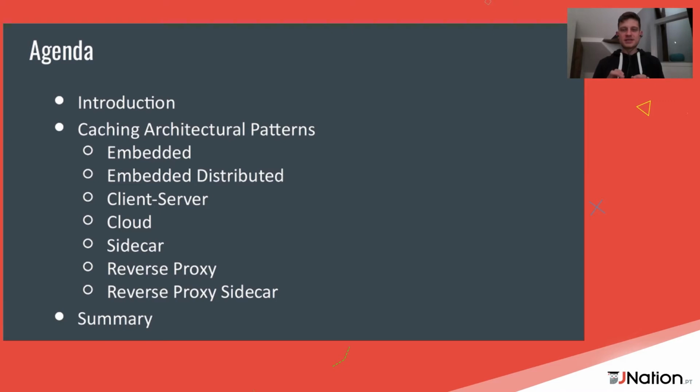The first one is, which of these patterns do you use in your system? You must use one of them because this list is complete. And the second thing is, would it make sense for my system to adopt any other caching pattern?